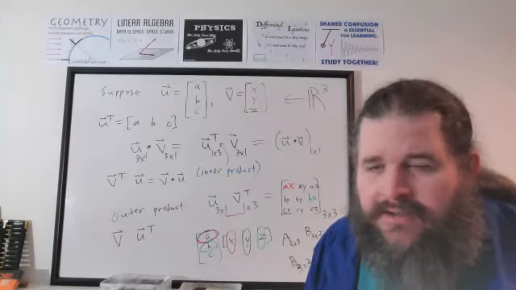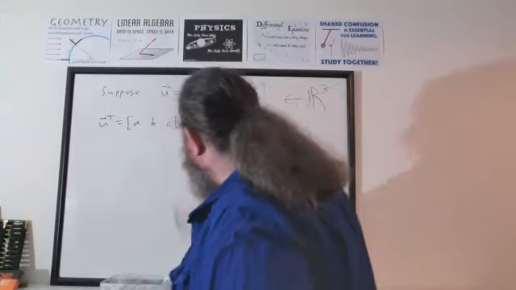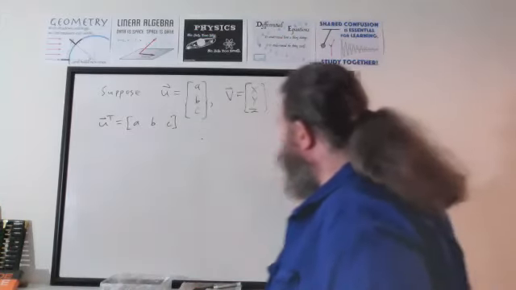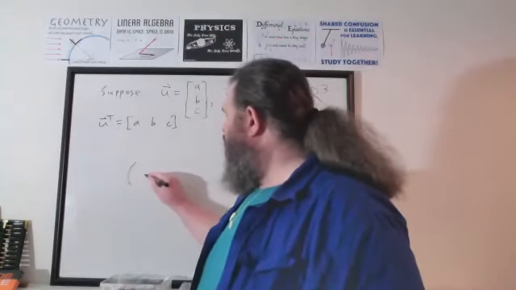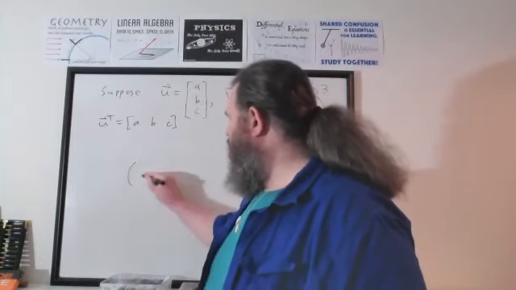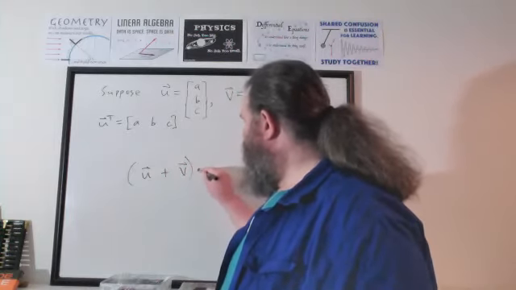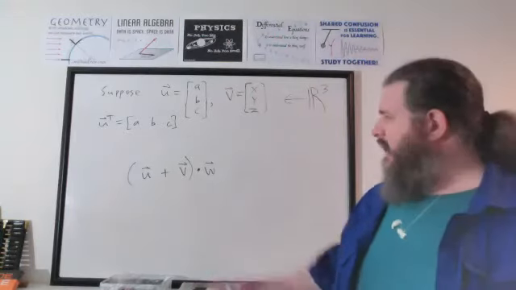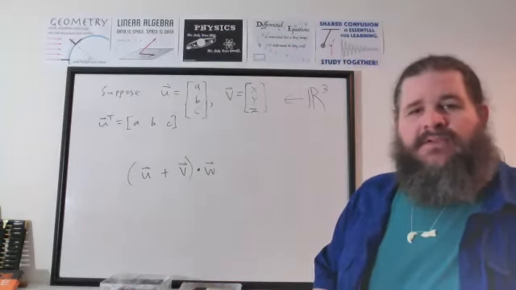X plus y dot z. Yeah, one of the other important properties of dot products, and in fact, inner products in general, is that they are distributive. So for instance, if you've got vectors, let me say U, V, and W. If you've got two vectors added together, and then dot product with another vector, dot product is commutative.